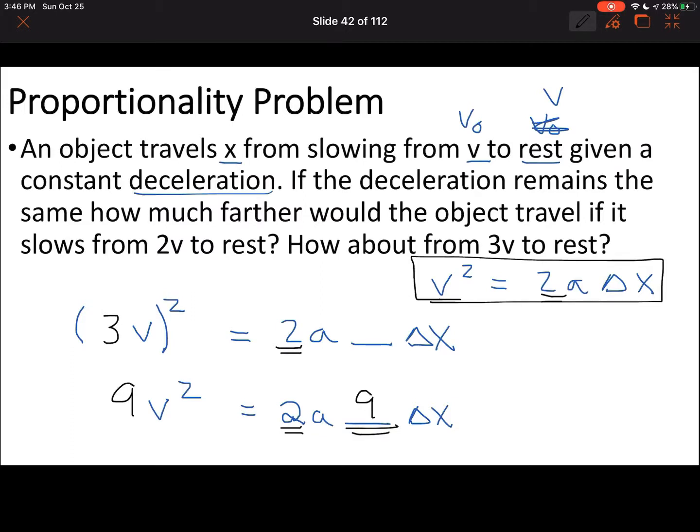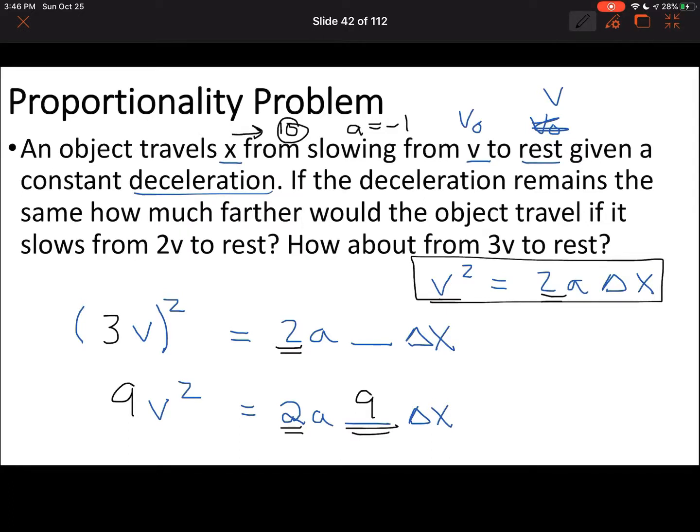So we need to only focus on what value we are multiplying on either side to come up with this. We can test this out if you want, and if you really do, I encourage you to test it out. Throw some values in there. Say an object is going at 10, with an acceleration of -1, and we can solve for how far it is going to go if it goes to rest.